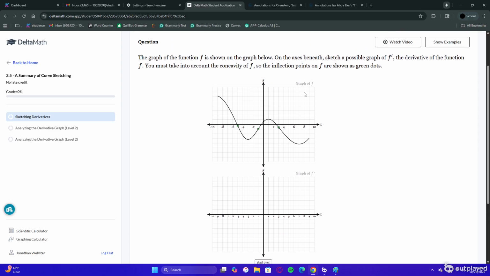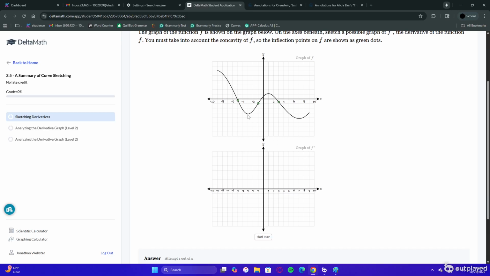And whenever the function is concave down, like here, f prime is going to be decreasing. And then whenever f is concave up, like here, the graph of f prime is going to be increasing. And also remember that when the slope is 0, like right here, f prime is going to be at 0.